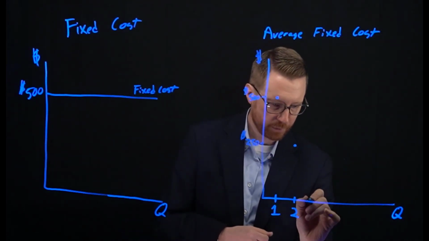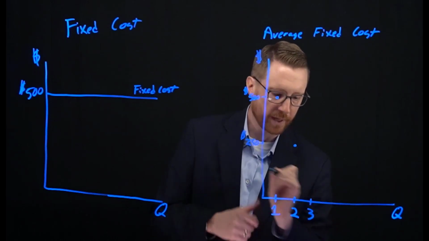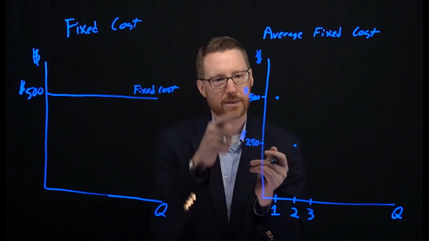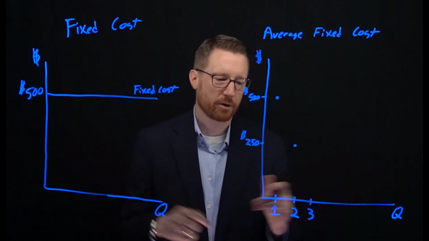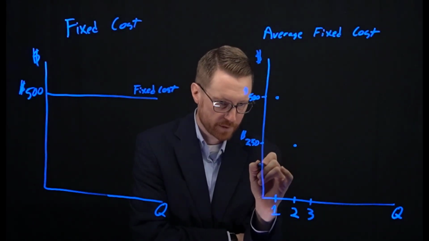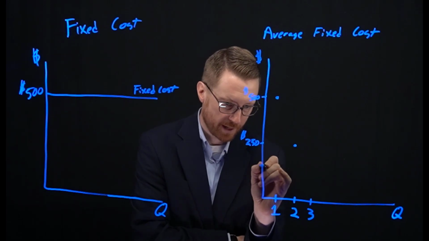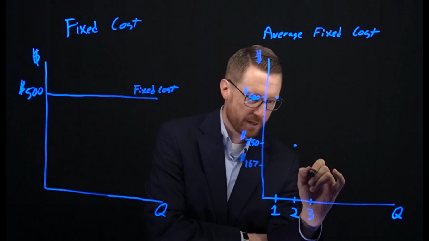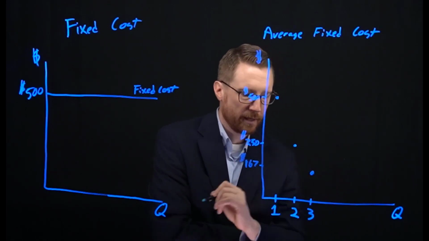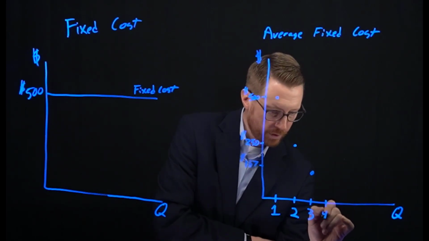What about if they produce 3 units? So at 3 units, now this $500 is getting split across all 3 units. So now you're talking about something like, what, $167-ish dollars. What if they produce 4 units?